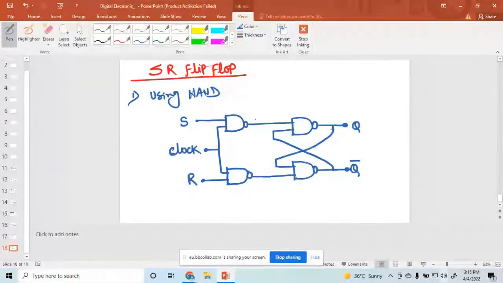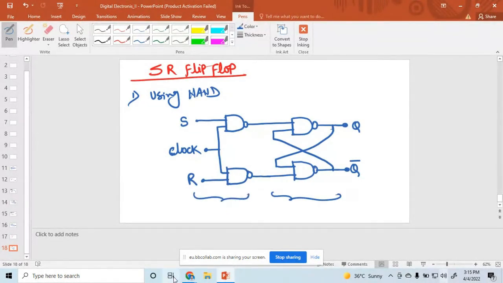So this is called SR flip flop. What is this portion? This one is the latch portion, and here we have applied a clock. So in this way, you can design an SR flip flop using a NAND gate.